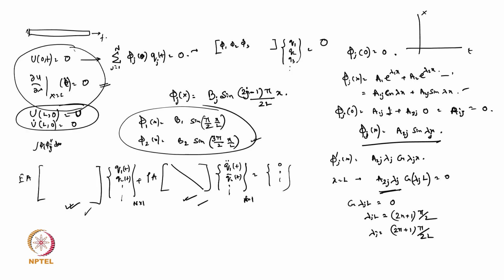In case of boundary conditions, you are defining (0, t), meaning at x equal to 0, the complete range of t you are taking. So that means it is a line. Agreed? Next one is x equal to L and all the values of t. So these are your boundary conditions.